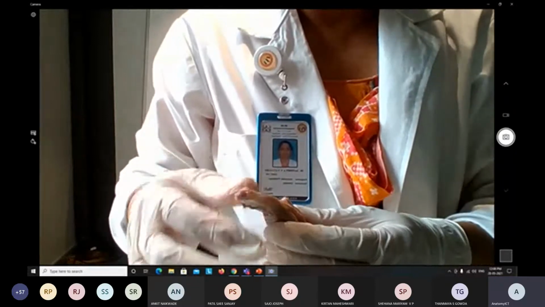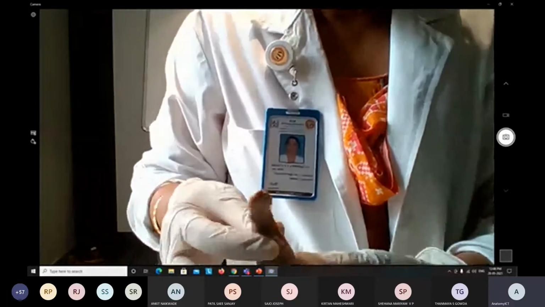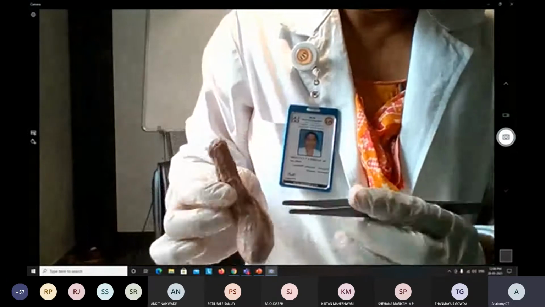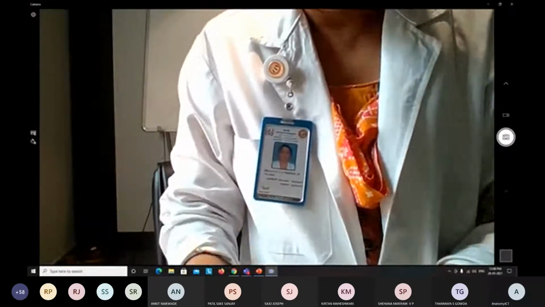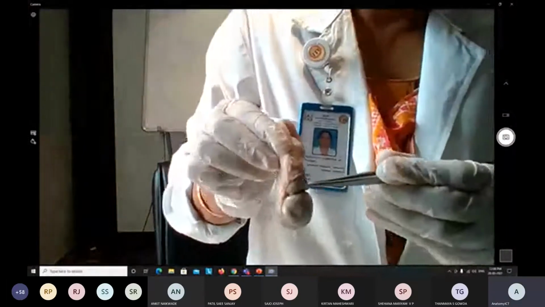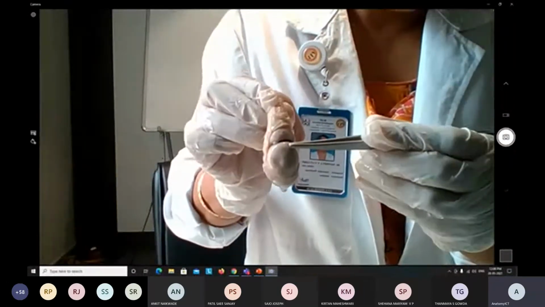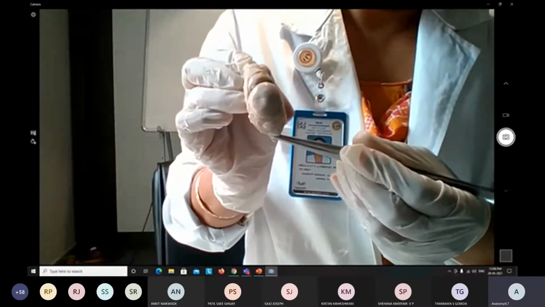Now, presenting features of the testis. It has an upper end. I'll take the other one. Okay. So this is the upper end of the testis. Then a lower end.